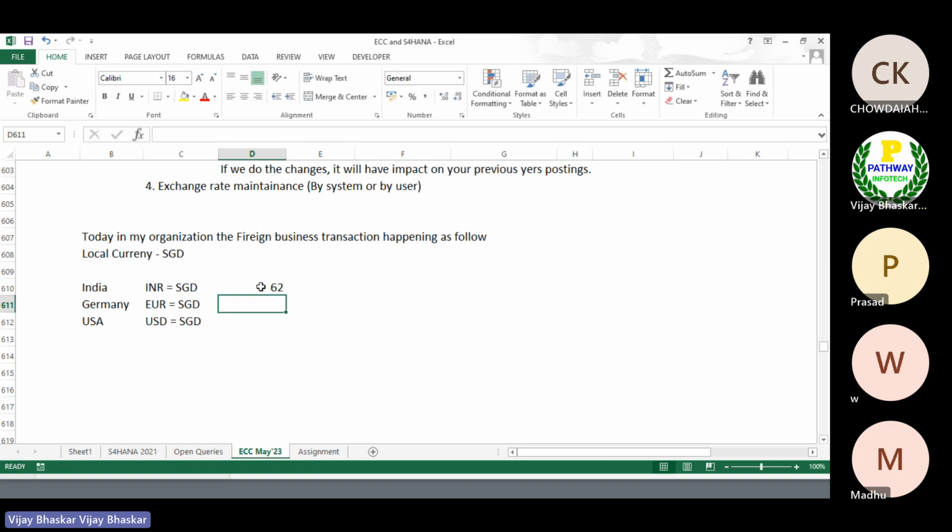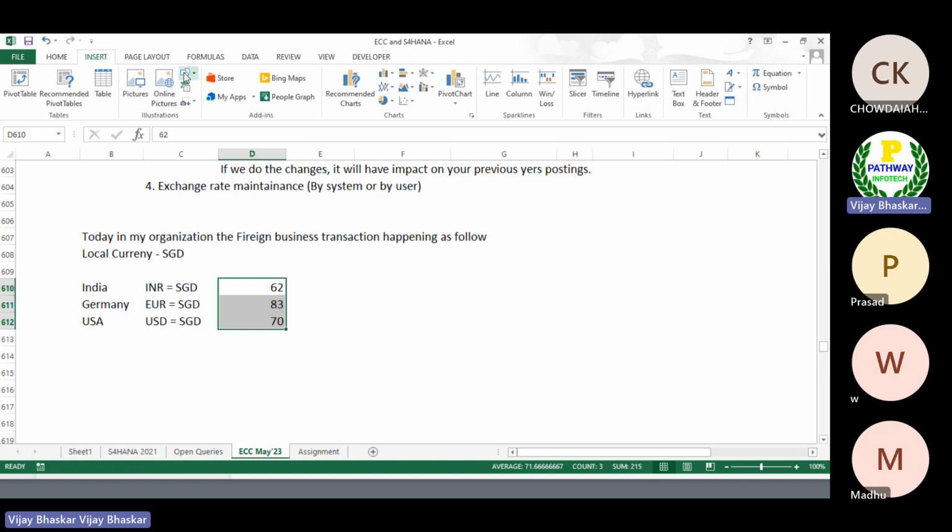Then EUR to SGD, there will be a different rate, let us assume 83 rupees. USD to SGD, 70 rupees. You can see each exchange rate differs here. This needs to be maintained every day in the system.